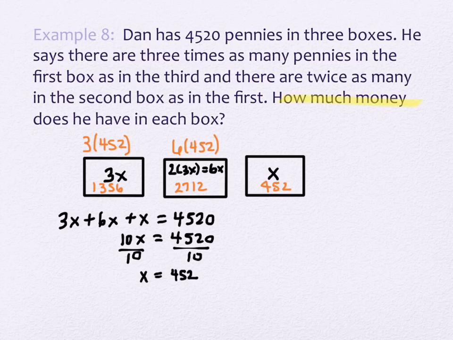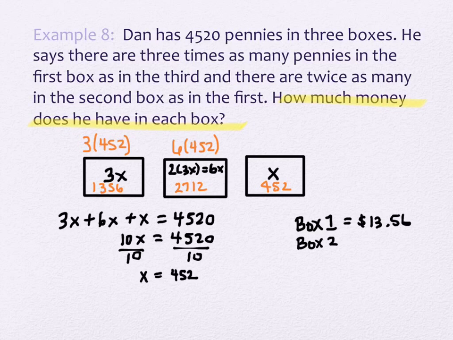Now we have to be careful, though, because we want to answer the question asked, which is how much money does he have in each box? So these answers are how many pennies he has in each box, but not how much money. So if I have a box with 1,356 pennies, this is actually $13.56. That's actually answering the question that was posed.